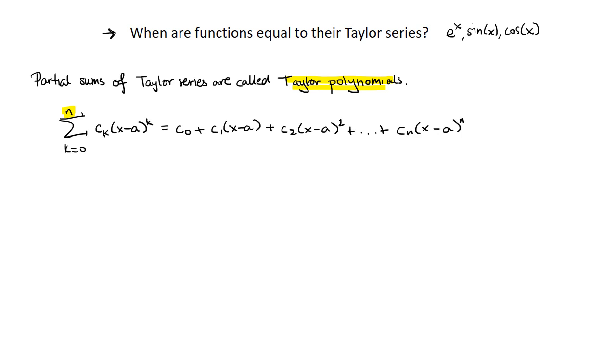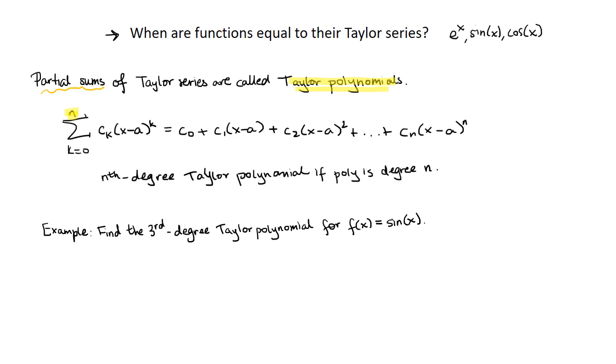We call it an nth degree Taylor polynomial if the polynomial is degree n. So in this example, we have an nth degree Taylor polynomial. And this is, again, a partial sum for our Taylor series.